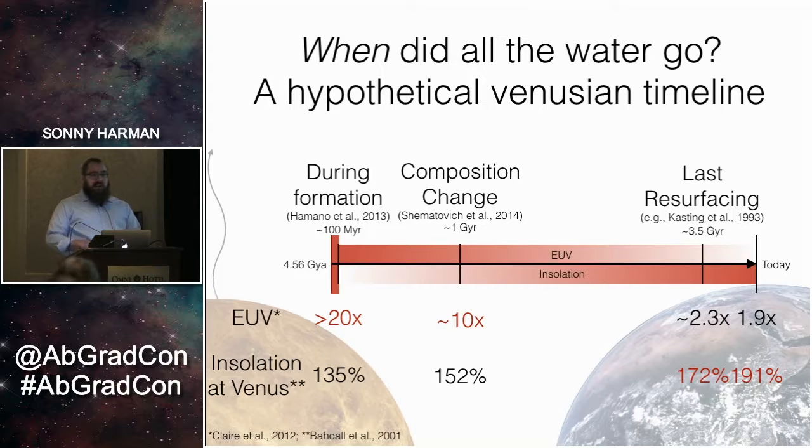That's the last possible time that it may have had water. It likely did not. But if Venus was resurfaced, we would have lost any evidence that it had liquid water before that time. And as you can see, the EUV flux is approximately modern, and the insolation is about 175% of the Earth's insolation, which is still well inside the runaway greenhouse limit.